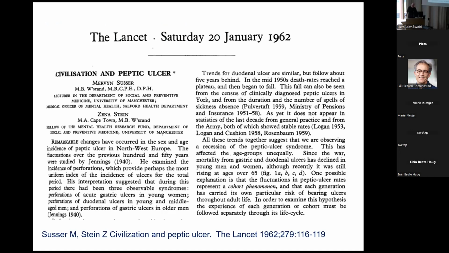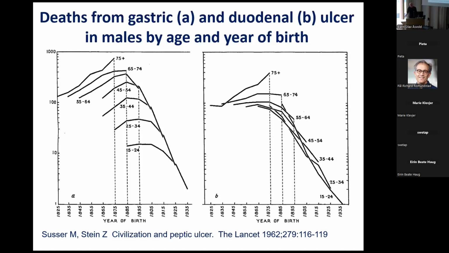A classic paper reprinted in the International Journal of Epidemiology some years ago, with a set of commentaries, was Mervyn Susser and Zena Stein looking at really dramatic birth cohort effects for peptic ulcer, which now would be attributed to H. pylori, which H. pylori medication treats, and H. pylori would generally be acquired in early life.